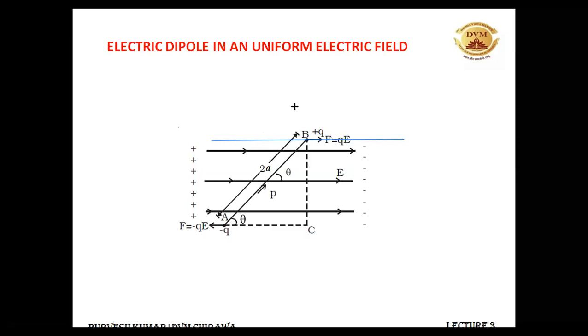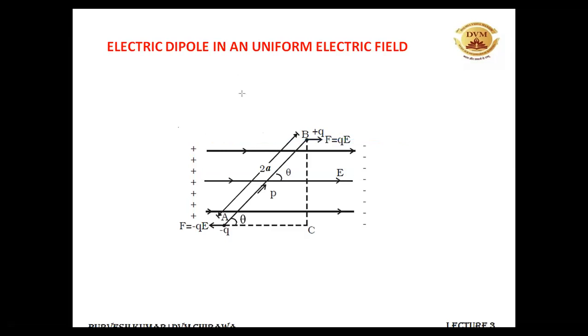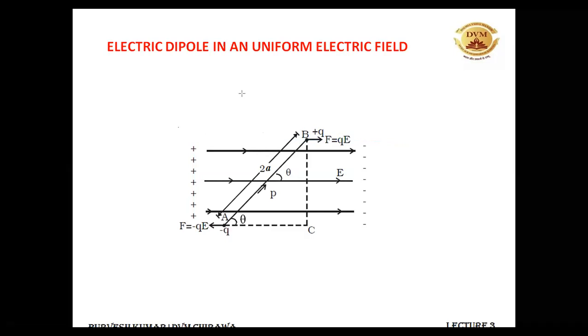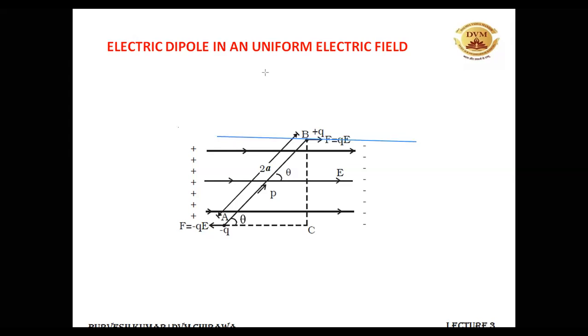I should be writing it with an arrow. It is in this direction, and we can see the arrow is like this. This is the direction of force on the plus Q charge. In this direction it is acting, and the direction of force for the minus Q charge, it is in this direction it is acting. All right?